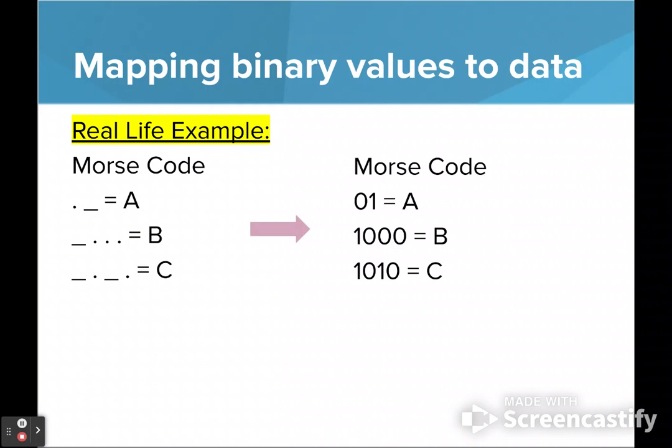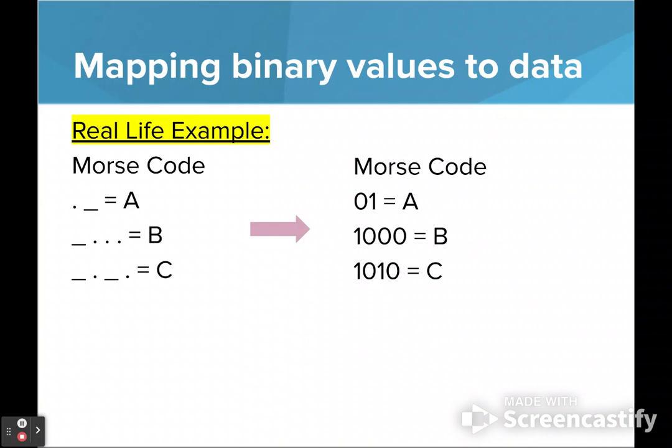If we think about these in terms of zeros and ones, kind of like our binary numbers, for A, the dot and then the dash, the dots we can think of as a 0, the long dashes we can think of as a 1. So Morse code translated into binary, A could be like 0, 1.